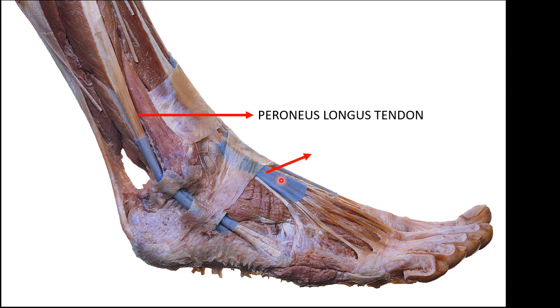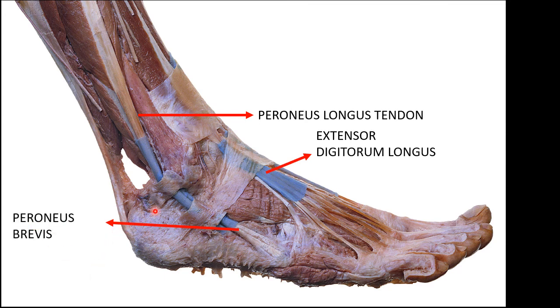Then here we can identify extensor digitorum longus. Extensor digitorum longus is also a muscle of the anterior compartment of the leg, which extends down and passes beneath the superior extensor retinaculum and inferior extensor retinaculum. That I'm also going to show. Before that, let me show you this peroneus brevis.